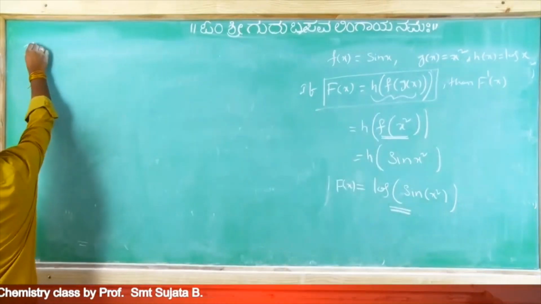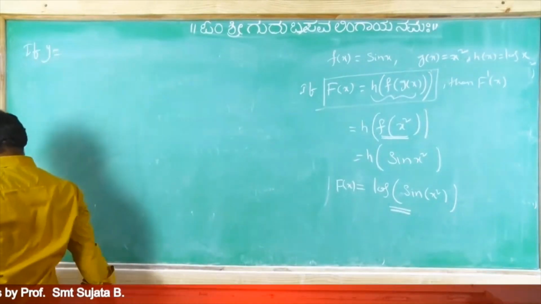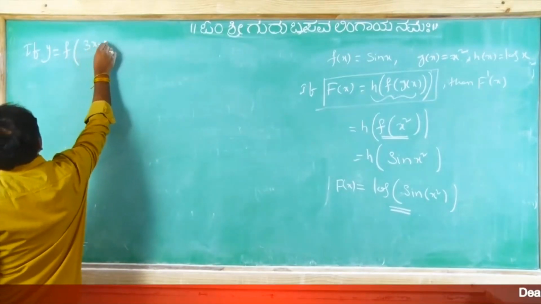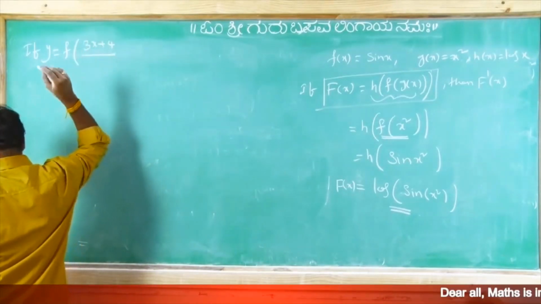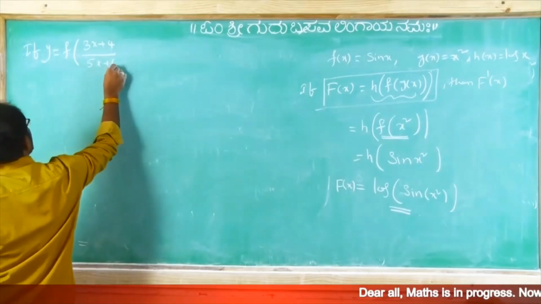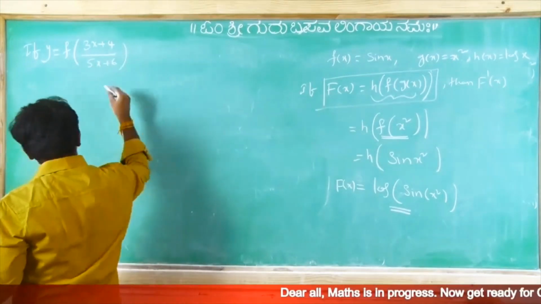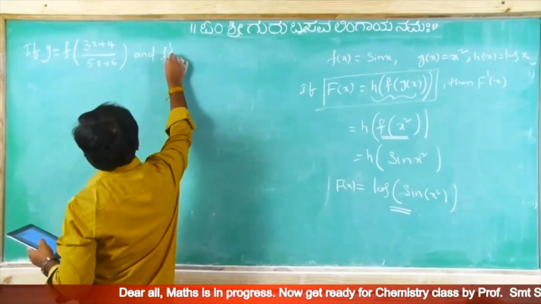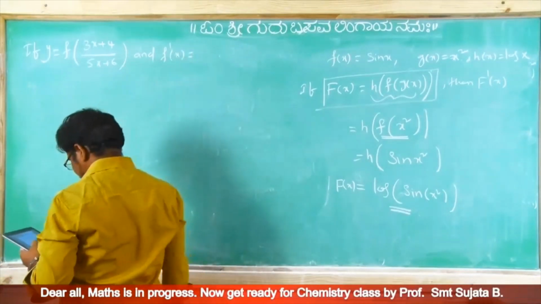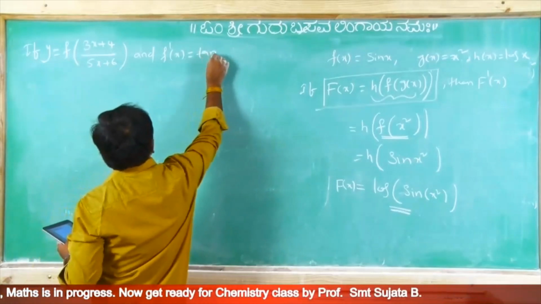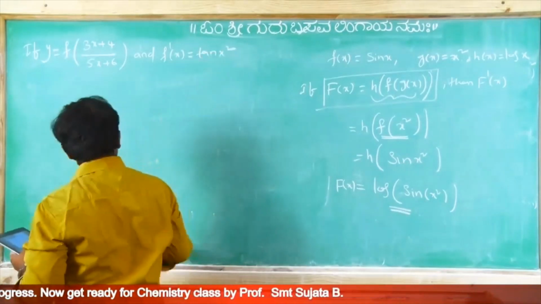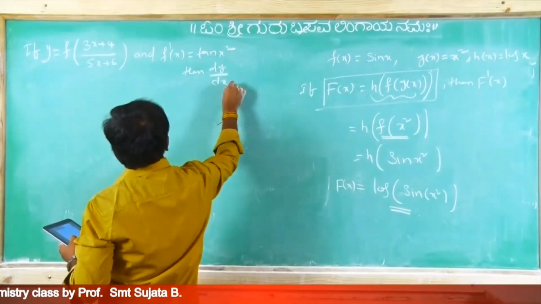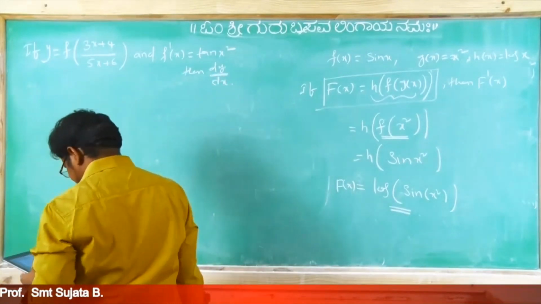If y equal to f of 3x plus 4 divided by 5x plus 6, and f dash of x equal to tan x square, then find dy by dx.